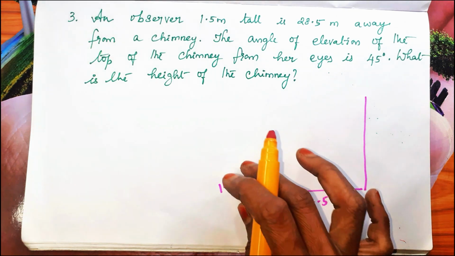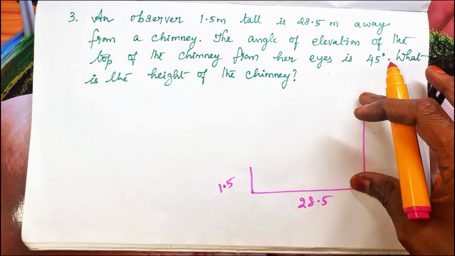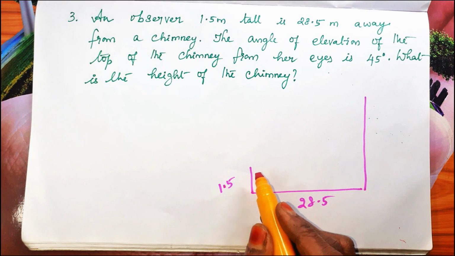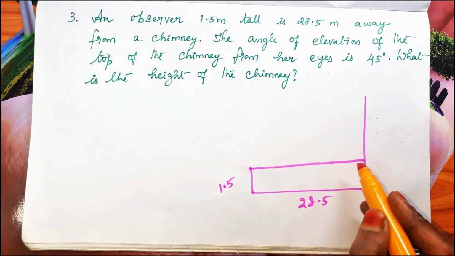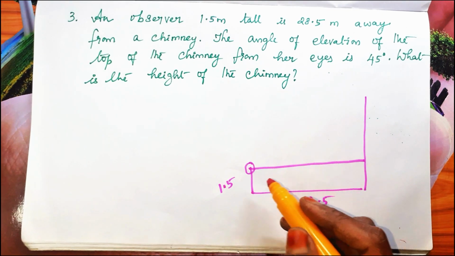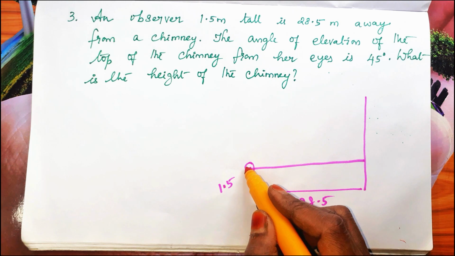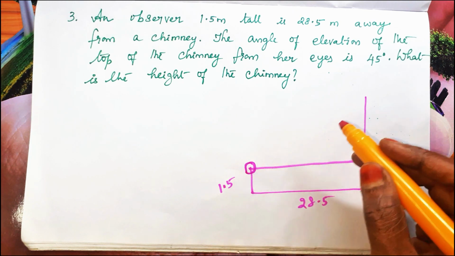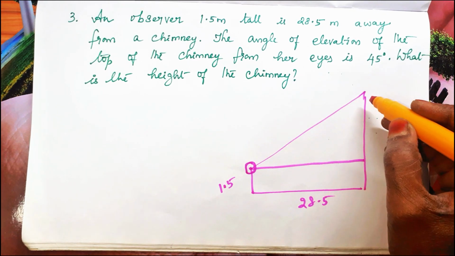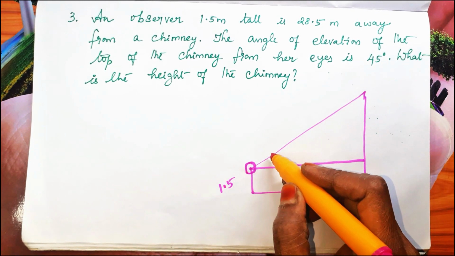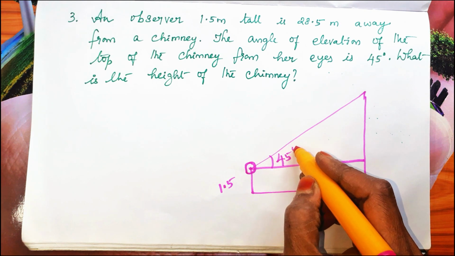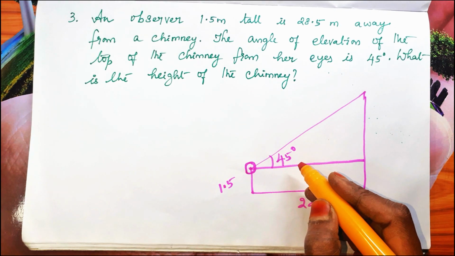He is of height 1.5 and this chimney's height is not known, and for the observer we will connect these two lines because from this point only we have to take the angle of elevation, because here only he will see the height of the chimney. So from that we have to draw the line of sight, and this angle of elevation is given as 45 degrees. So the angle of elevation is 45.